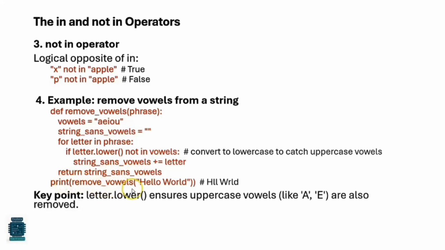Print remove_vowels of hello world, and it will remove the vowels and give the output HLL WRLD. Clear? Here letter.lower ensures the uppercase vowels like A, E are also removed.